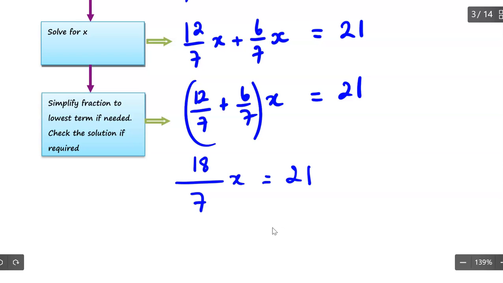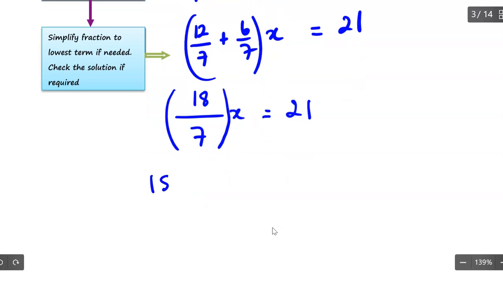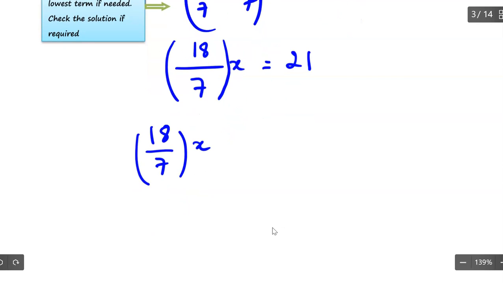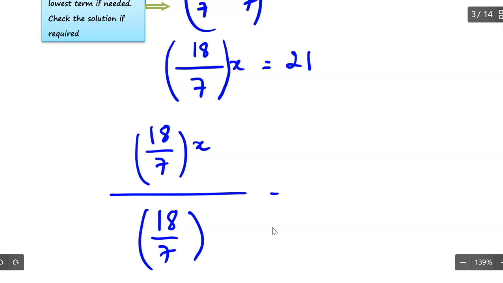Now I have 18 over 7 times x, right? So I want to get rid of this. That means I divide both sides of the equation by 18 over 7. So I do the same thing here.